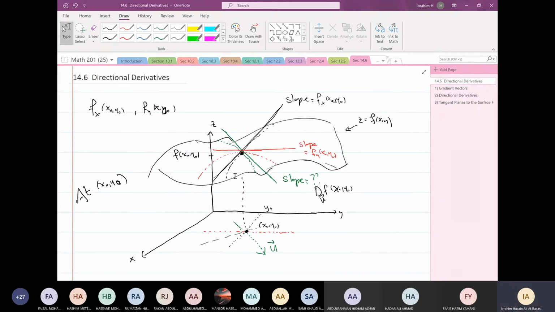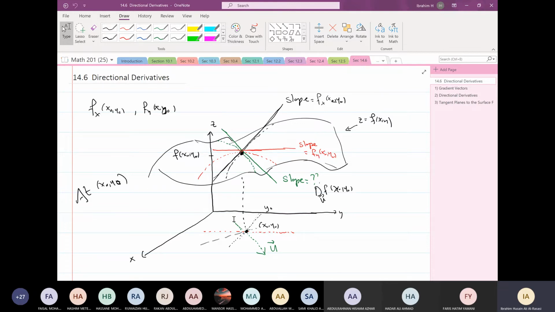Don't give the answer. Make sure now the question is clear. Okay. Is the question clear or not? So our question here, I will repeat again. When you move parallel to the x-axis, I have a black curve and then a black tangent, and I have also a slope, which is f sub x. When I move parallel to the y-axis through the red line here, I will get a red curve, a tangent, and a slope f sub y.